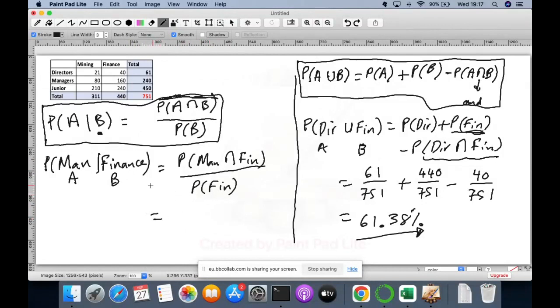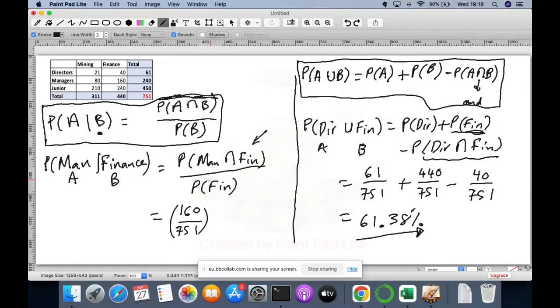So now the numerator, as we've done earlier, is working out the joint probability. So how many managers do you have in finance? Where do they intersect? Well, if we look here, manager and finance, it's 160 of them. So the numerator is 160 divided by 751, the grand total.